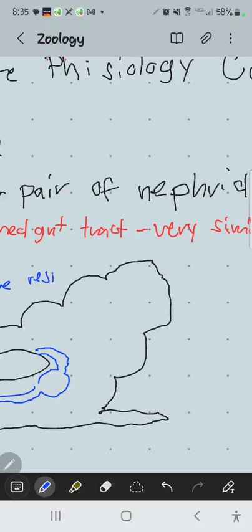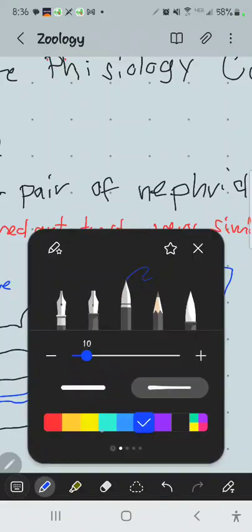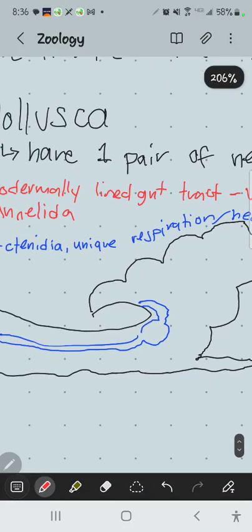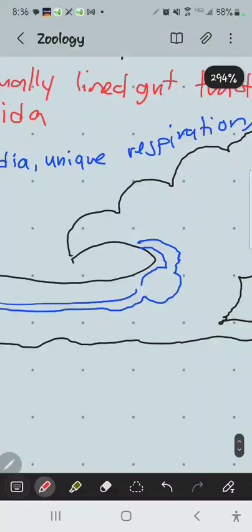What happens is their coelomic fluid is drawn up from the coelom by the heart, and then the blood fluid is circulated through this ctenidium and then dumped back into the body.